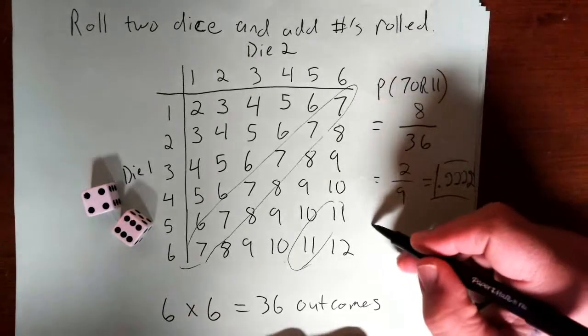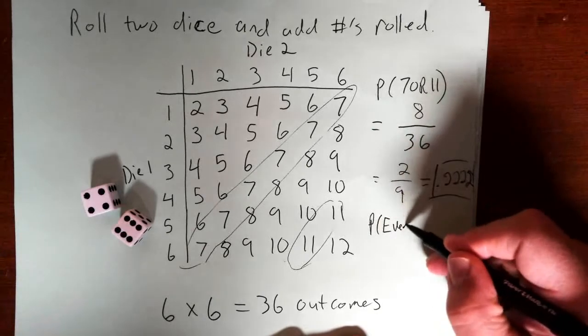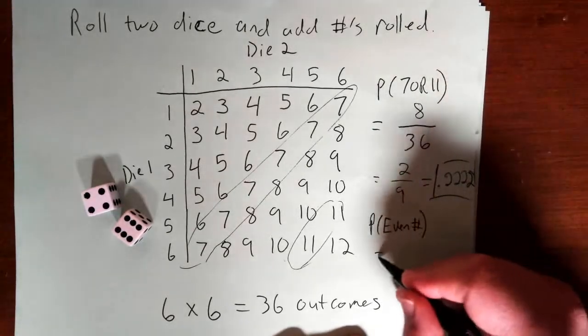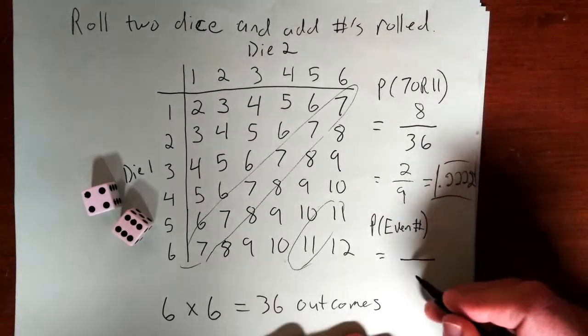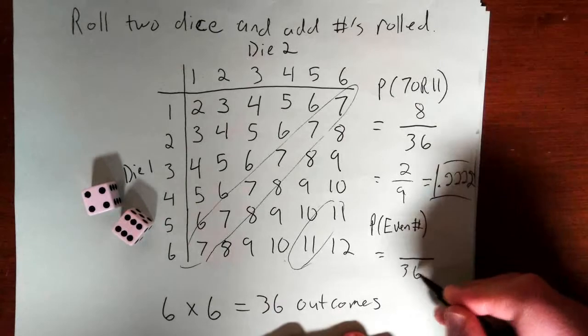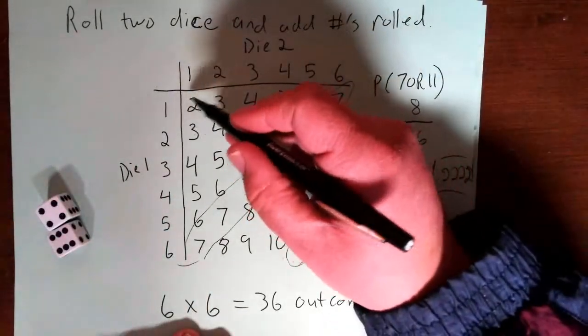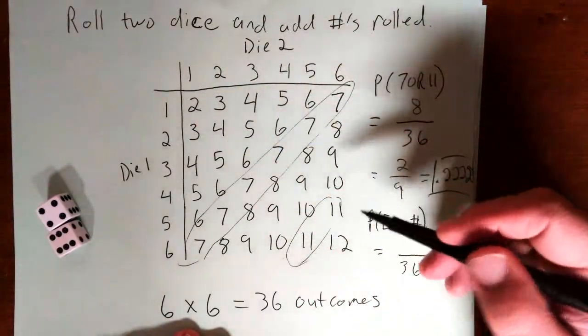And you could ask other numbers. Like I might say, what's the probability of rolling an even number? Right? And I could say out of the 36 outcomes, how many are even? Well, the 2, the 4s, the 6, the 8s, the 10s, and the 12s.